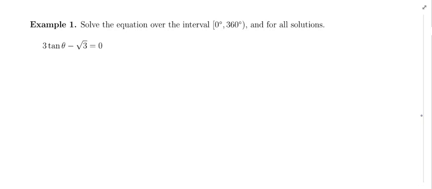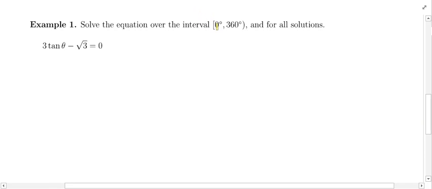Let me say a couple of things before we actually solve. First of all, notice the variable here is theta. That means we're in degrees. If you don't remember that, they're going to tell you in the directions, so you can see right here that the angles need to be in degrees for this particular problem.